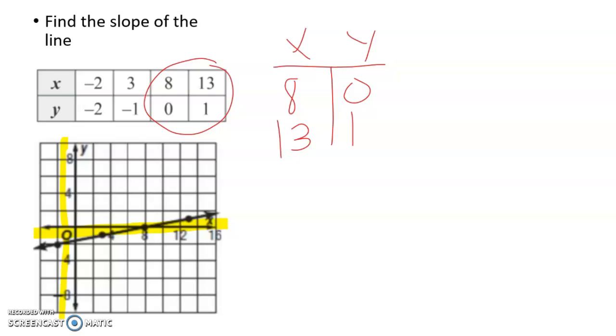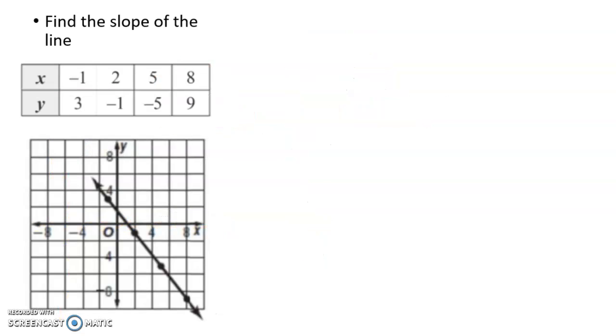I can use any of the points. I just picked the other one. I picked those because they are positive. My change of Y is +1. My change of X is +5. It's 1/5. My apologies, there is a mistake on this chart because that should be a negative.